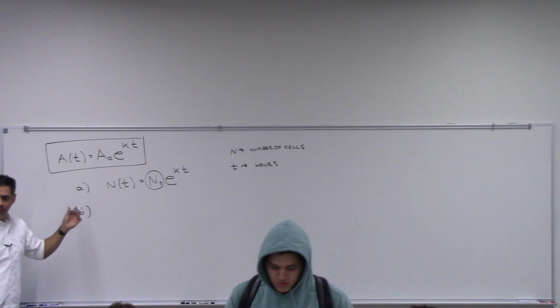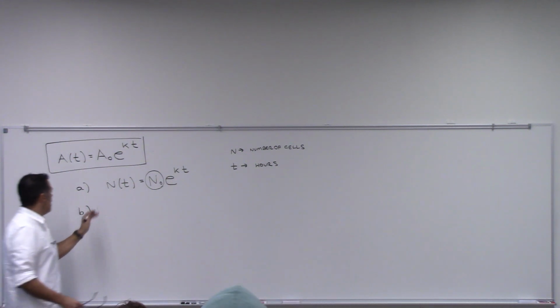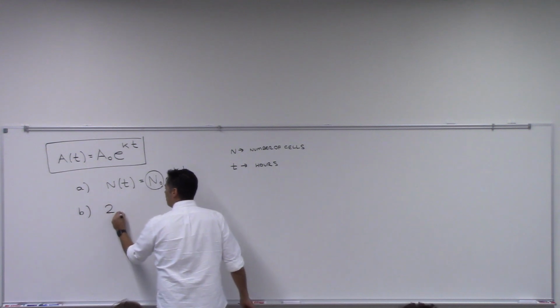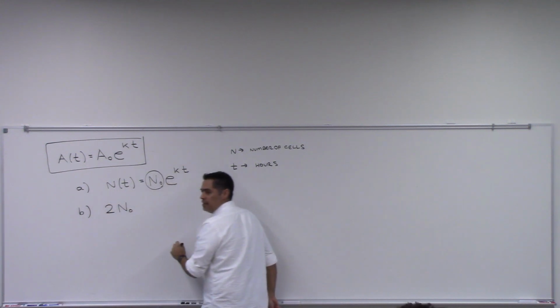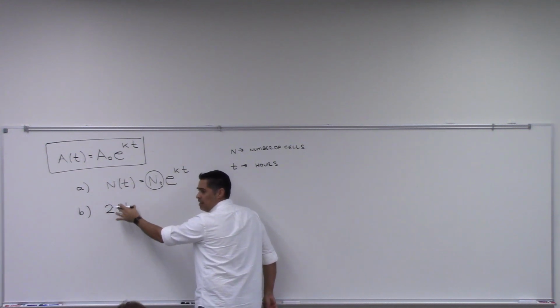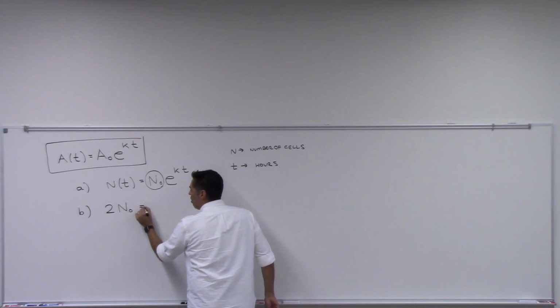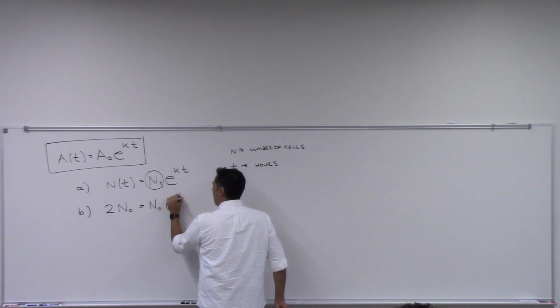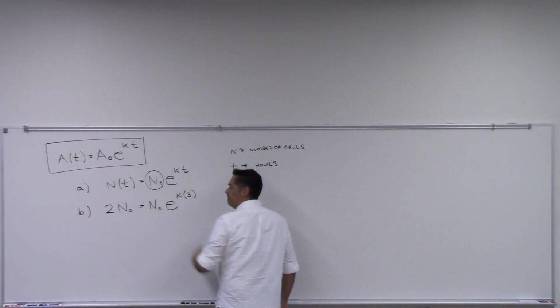So here you go. Watch what I write first and then see if it makes sense to you. I know that the amount at the end has to be double, twice as much as I started with, right? The amount that I want, it doubles. It's twice what I started with, must equal what I start with, N naught, e to the k times 3.